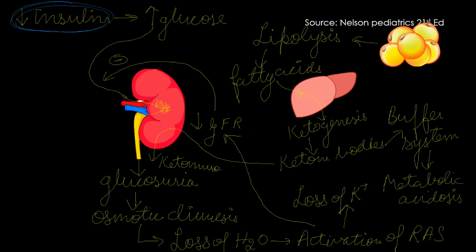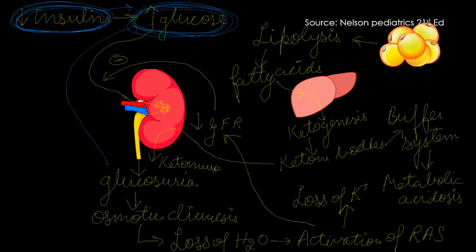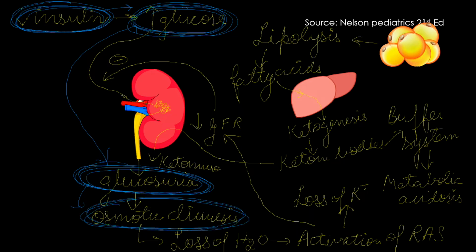So the goal of management of diabetic ketoacidosis is centered around increasing the insulin levels, which would ultimately decrease the glucose concentration of the body, which would ultimately decrease glucosuria, which would decrease osmotic diuresis.